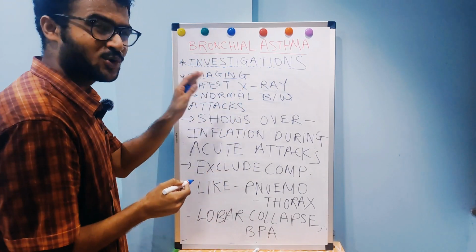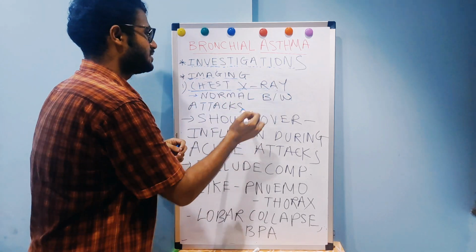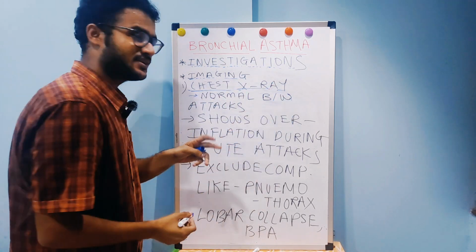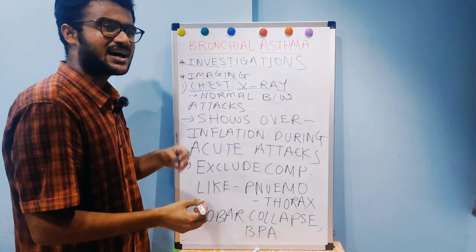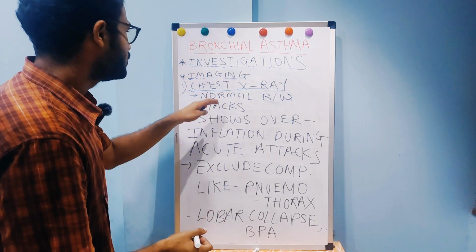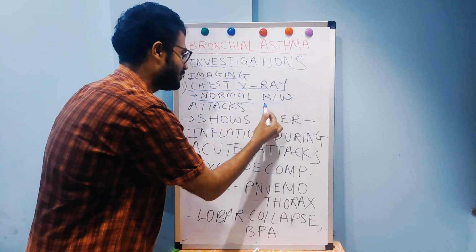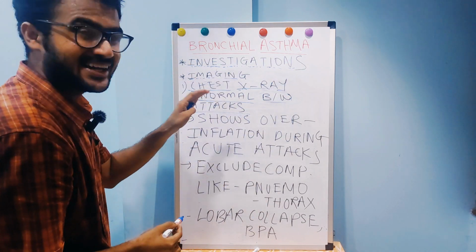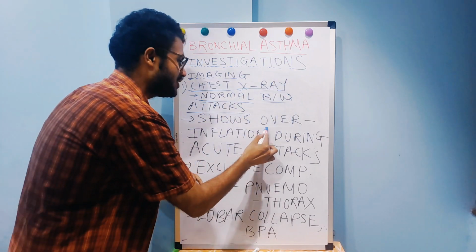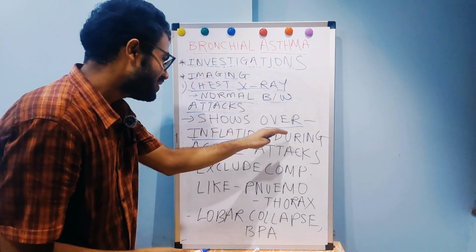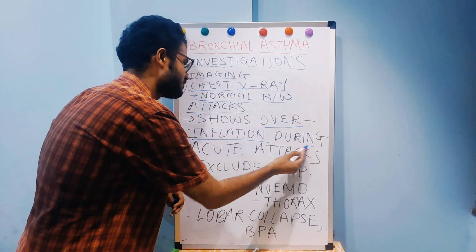Imaging में हम दो टेस्ट करते हैं, chest X-ray, and second is high resolution CT, that is high resolution computed tomography. Chest X-ray is usually normal between attacks, but it shows overinflation during acute attacks or exacerbation.